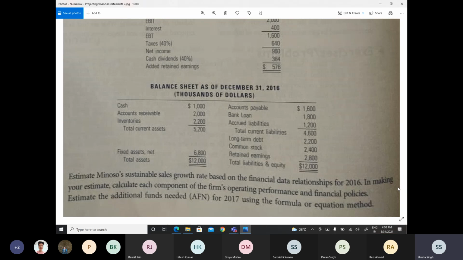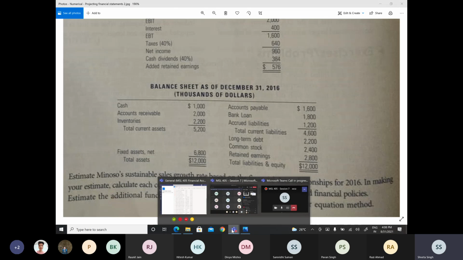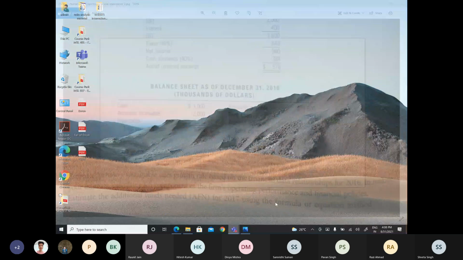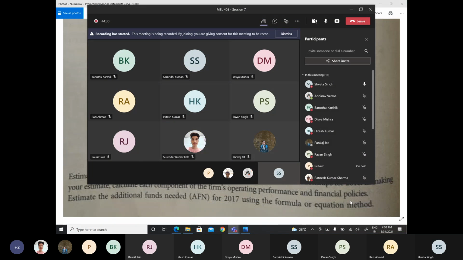So please, we have already done numericals on this, so try and attempt this. How much time should I give you before we can start discussing? Will 5 minutes be okay, or do you want some more time?